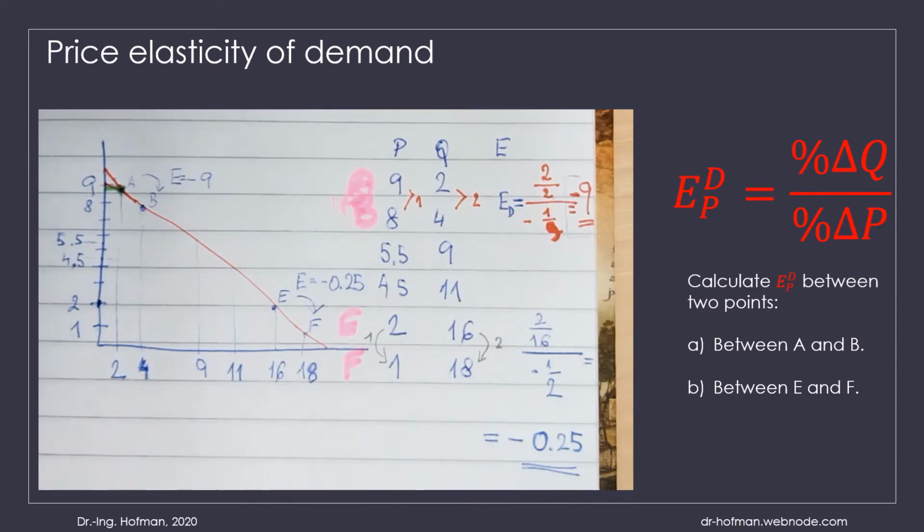Our initial prices and quantities would have been different. Our initial price can give you a different elasticity. So this is how to calculate price elasticity of demand, and now we interpret what we did.